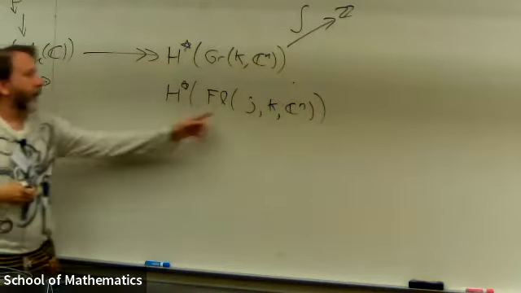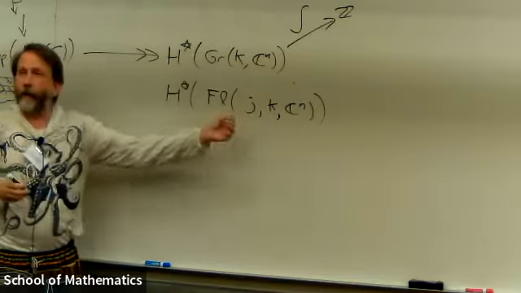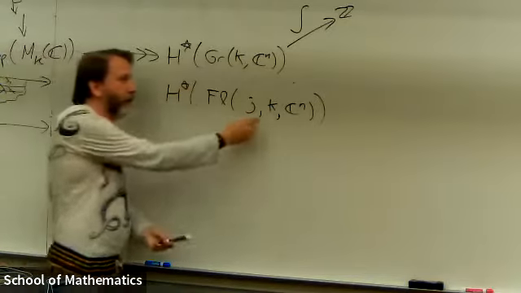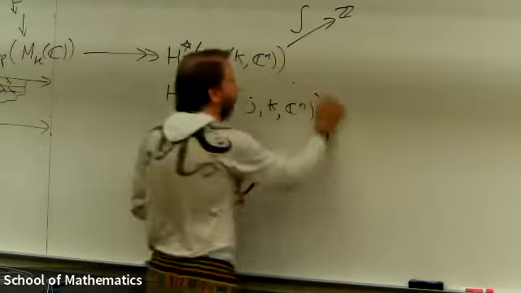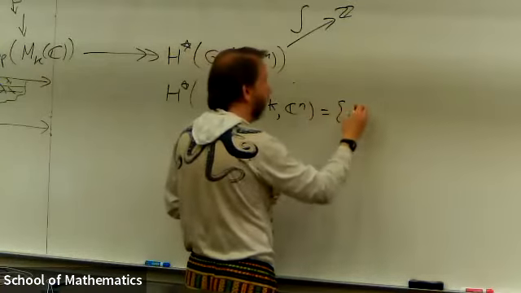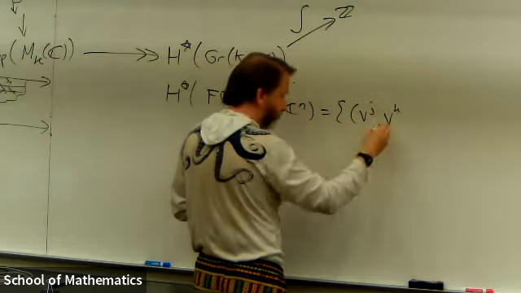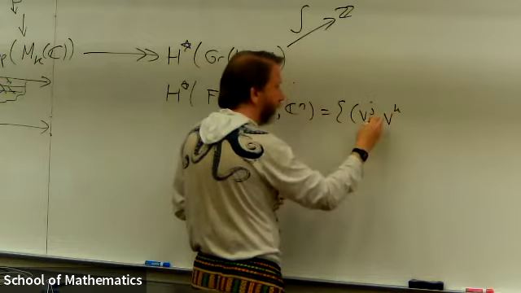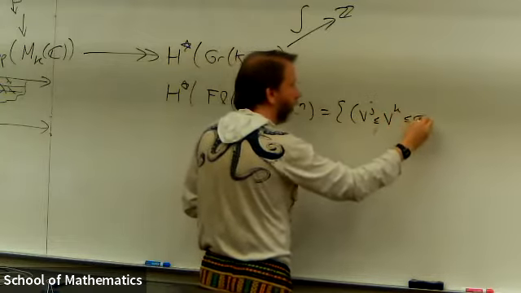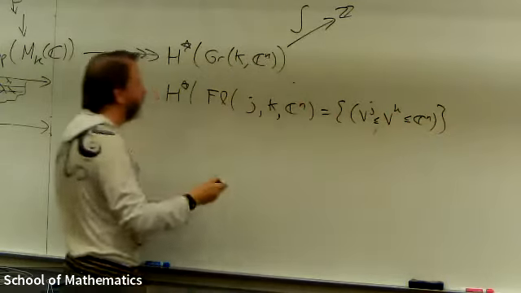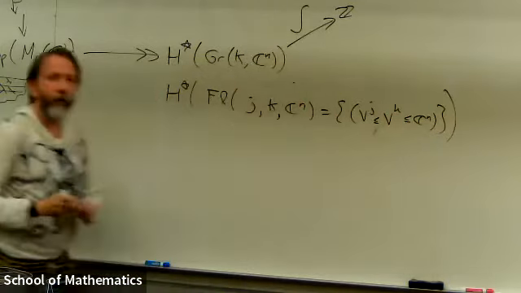So this guy is not the full flag manifold, it's what we call a two-step flag manifold, these being the two steps. So this is the set of pairs Vj and Vk, and this one's supposed to be inside that one, and they're inside Cn. And that's what I want to understand the cohomology of.